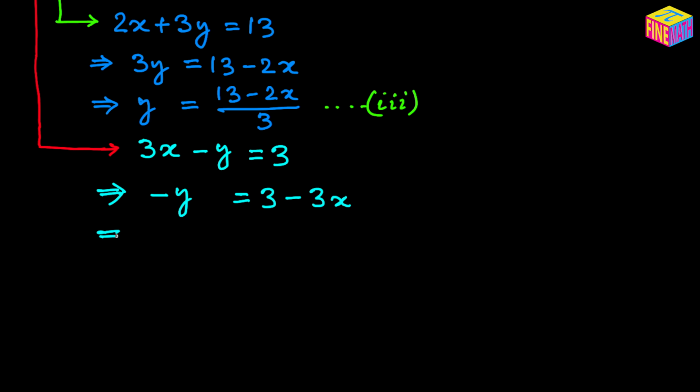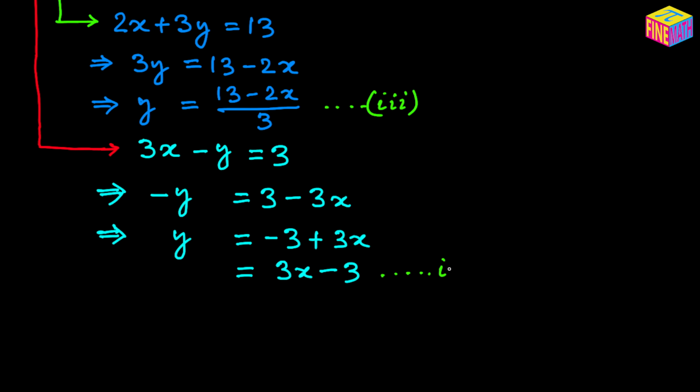If we multiply both sides by negative 1, then this becomes positive y is equal to negative 3 plus 3x, which I can write as 3x minus 3, right? So let's say this is our equation number 4.